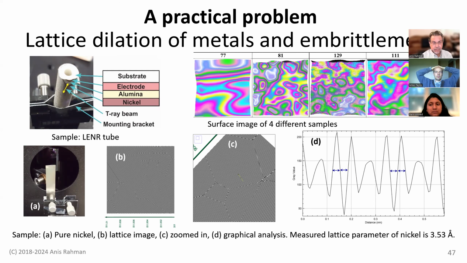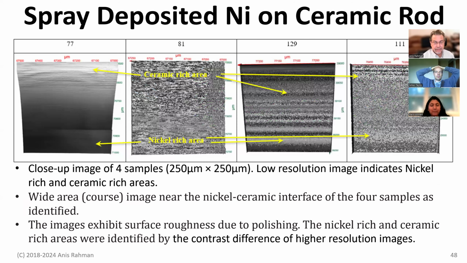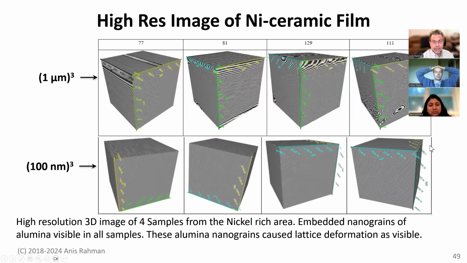That means the lattice structure separates, lattice spacing keeps increasing, and eventually, this is some other problem. This is a nickel and ceramic interface, which is what we had to prove. And then we take a lattice image and we see that alumina is embedded in some places.